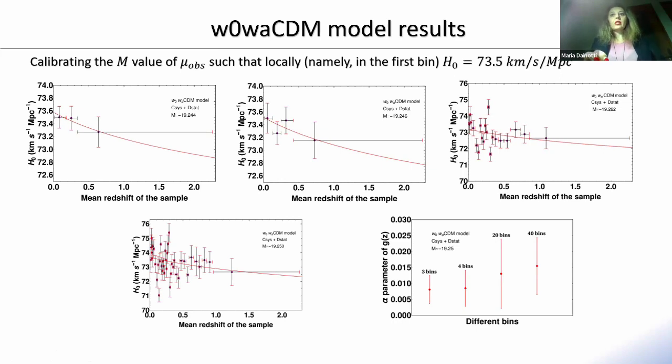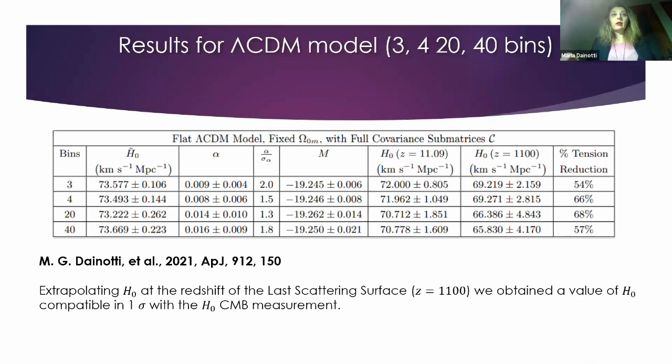So, of course, this is expected, and that's why our favored criterion for the binning is to stay with 3 and 4 bins. But this analysis in 20 and 40 bins has been done especially to show that regardless of the number of bins that you choose, you still have this mild evidence for this evolution.